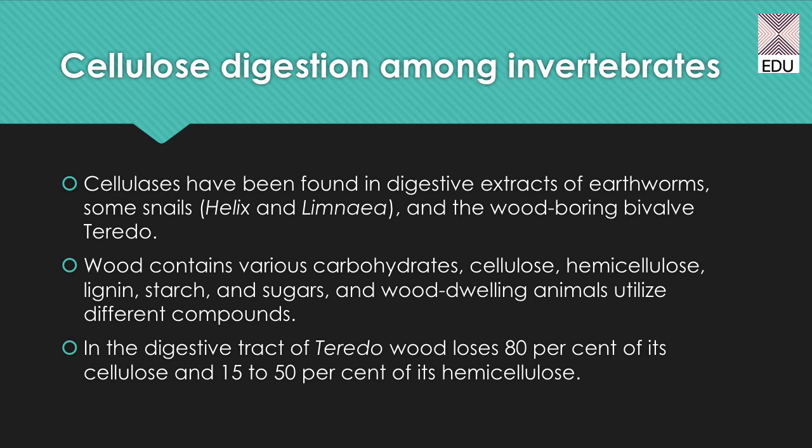That means Teredo is able to digest 80% of the ingested cellulose. 20% may be given out as undigested cellulose from the digestive tract, but 80% of cellulose is digested in Teredo. And in the case of hemicellulose, up to 50% may be digested in the digestive tract of Teredo.